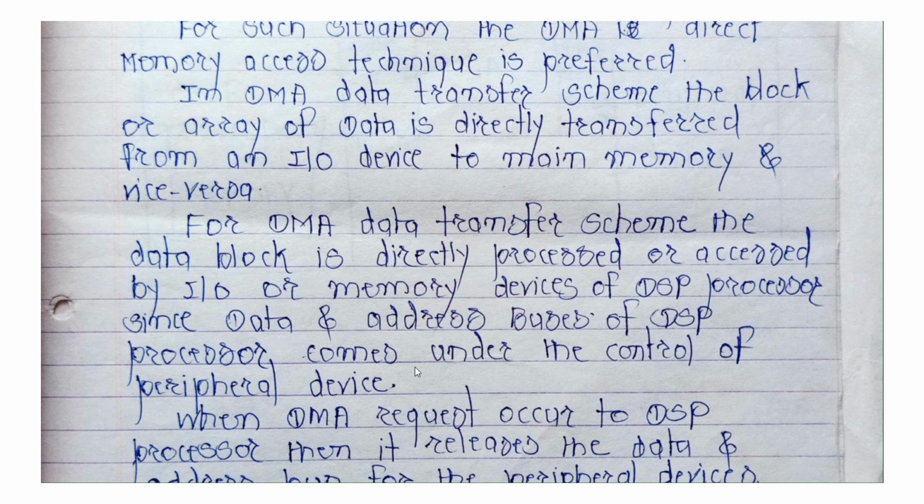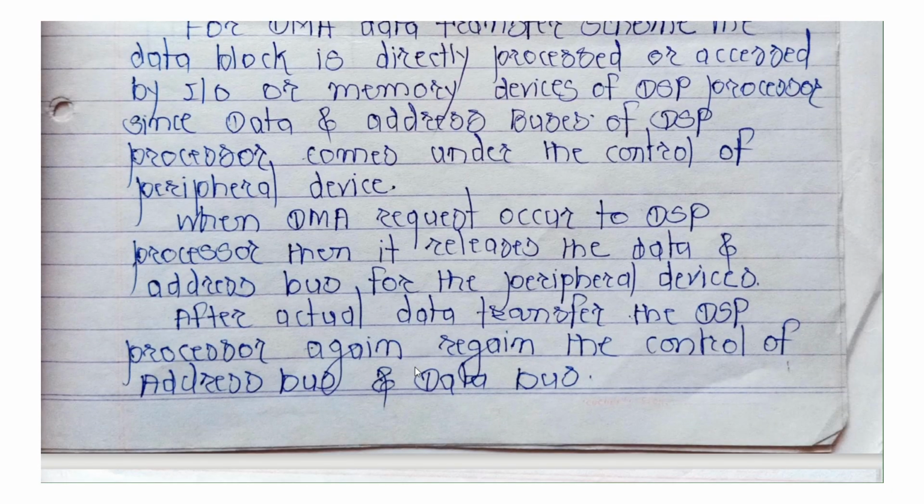Okay, so when a DMA request occurs to the DSP processor, then it releases the data and address bus for the peripheral devices. See, all the controls are with the processor, the processor controls all the things. When it comes to the address bus and data bus, it is with the processor.